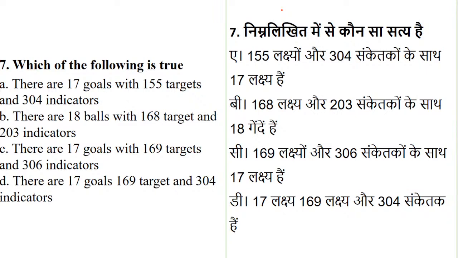What are the options given below? 17 goals, 155 targets, 304 indicators; 18 goals, 168 targets, 203 indicators; 17 goals, 169 targets, 306 indicators; 17 goals, 169 targets, and 304 indicators. Okay, 7th answers have started.